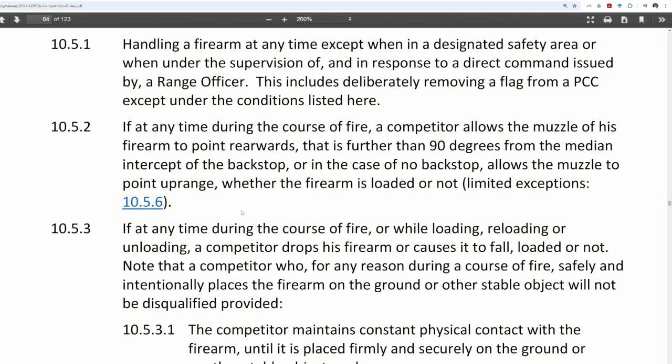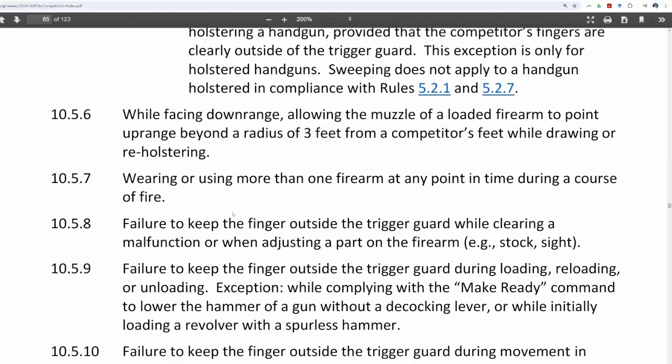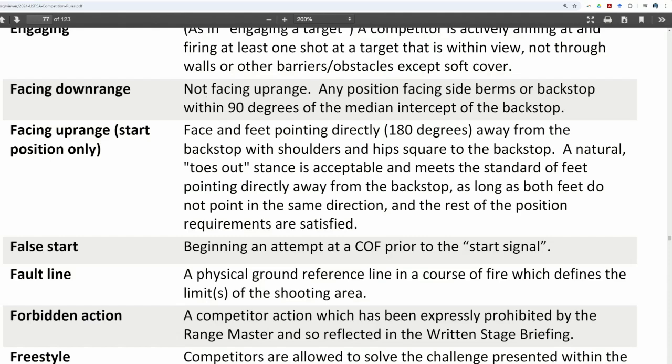Okay, let's go look at this 10.5.6 exception. The 10.5.6 exception is while facing downrange, allowing the muzzle of a loaded firearm to point uprange beyond a radius of 3 feet from a competitor's feet while drawing or reholstering. So while facing downrange, let's see if there's a definition here. Facing downrange is not facing uprange: any position facing the side berms or backstop within 90 degrees of the median intercept of the backstop.